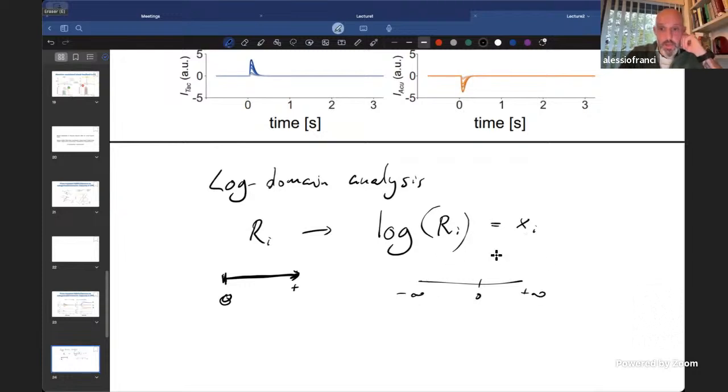Whereas here you're really in a vector space. So I think it would really be interesting to understand what population level analysis looks like, what a neural network implementation of this looks like if we stop working with positive variables.